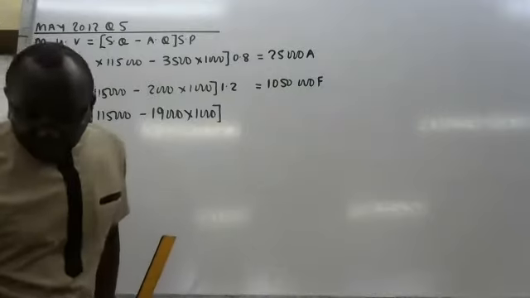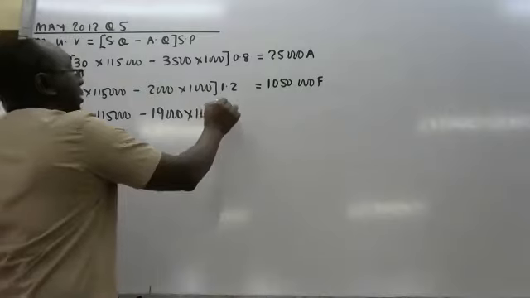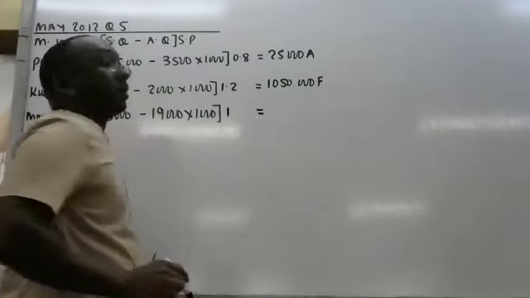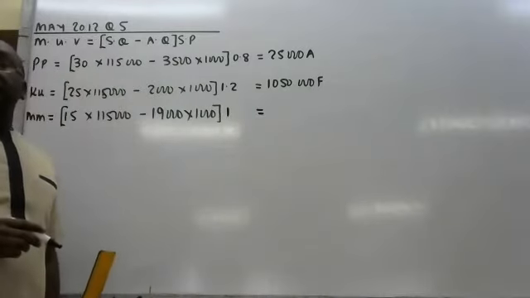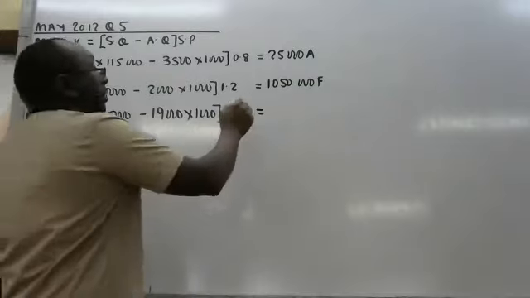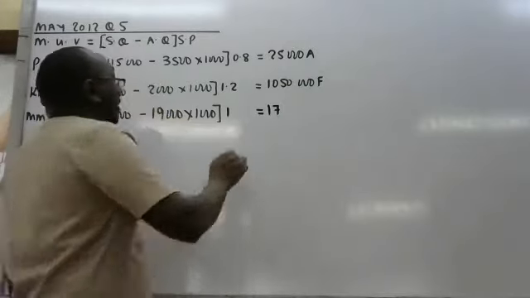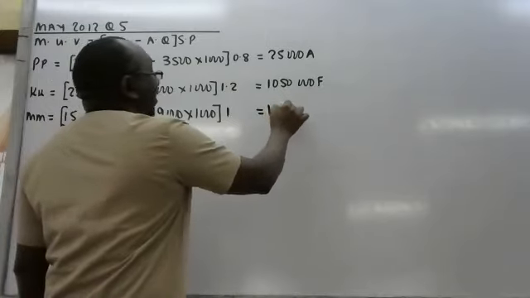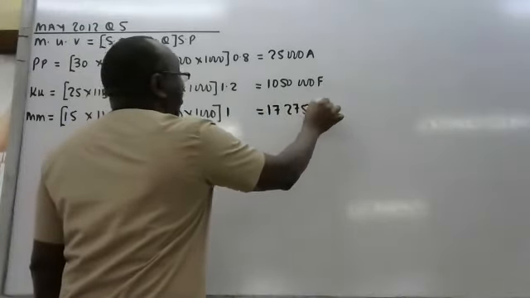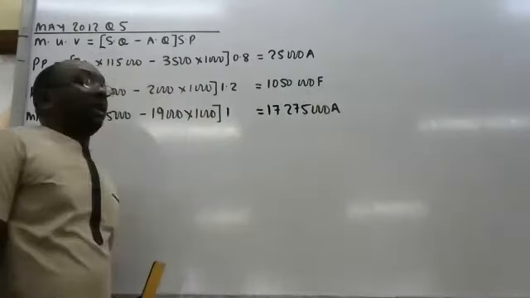And the cost per gram is 1. That gives 17 million 275,000, adverse. Okay, let's go with that.